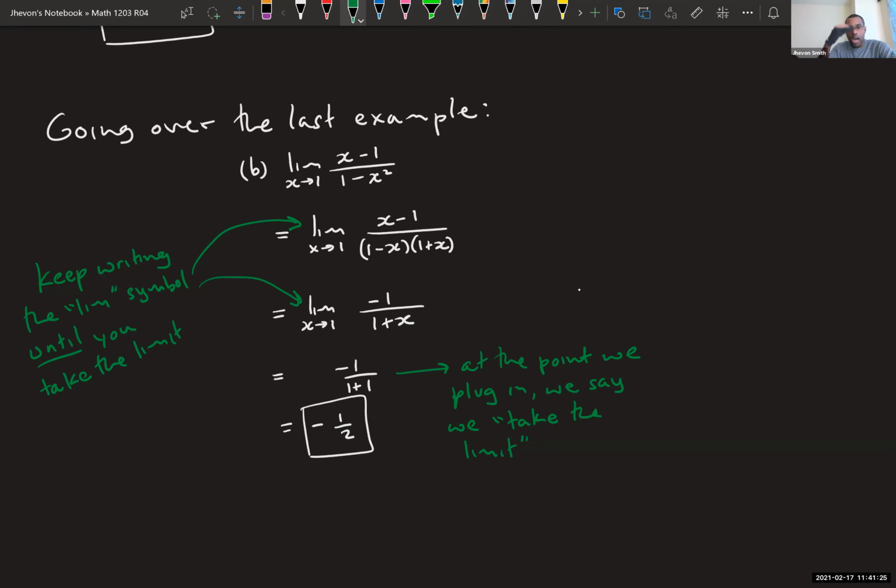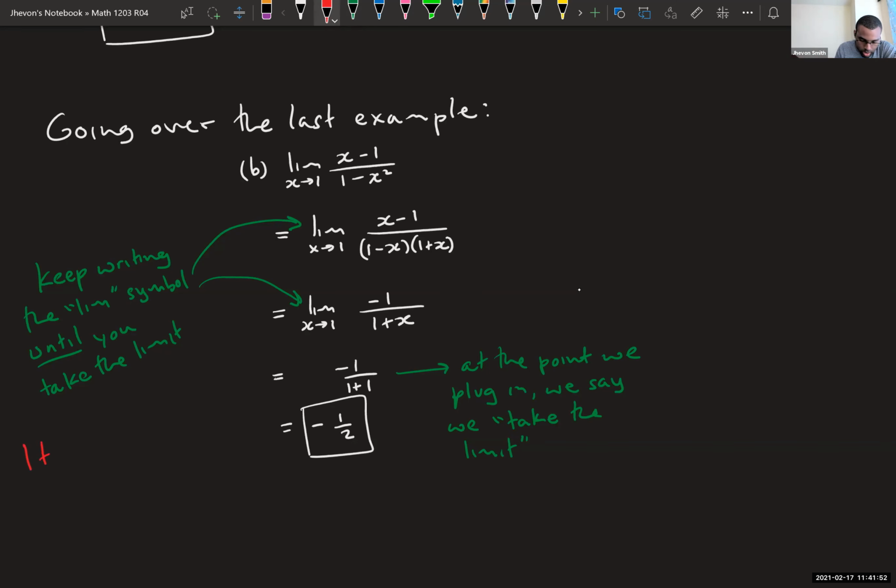The whole time while I'm simplifying, I keep putting it back: limit as x approaches 1, limit as x approaches 1, limit as x approaches 1. Because what I'm doing is I'm just rewriting the problem. I'm not actually starting to evaluate anything, right? So I keep writing the limit while I'm simplifying, but there comes a point where, oh, that's good enough. I don't have to simplify anymore. And at that point, I take the limit. Once I do that, I don't write the limit sign anymore.